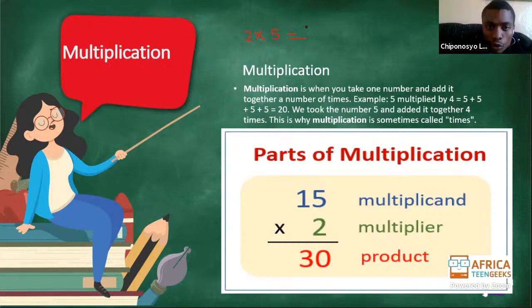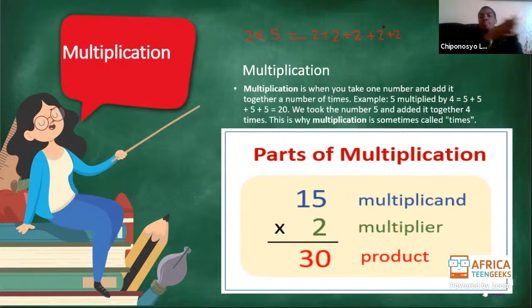So when I say 2 times 5, it means I'm saying 2 plus 2 plus 2 plus 2 plus 2. How many 2's do we have? 1, 2, 3, 4, 5.